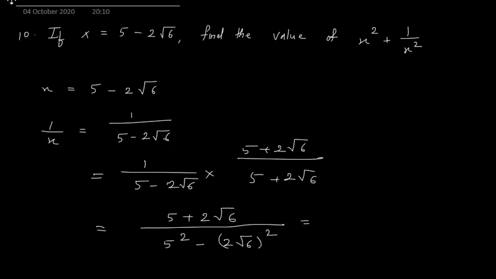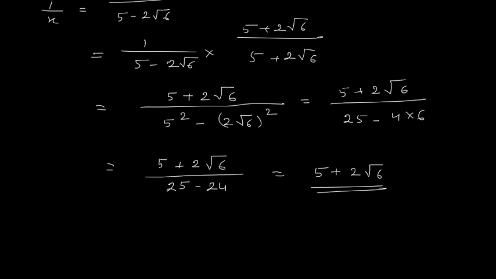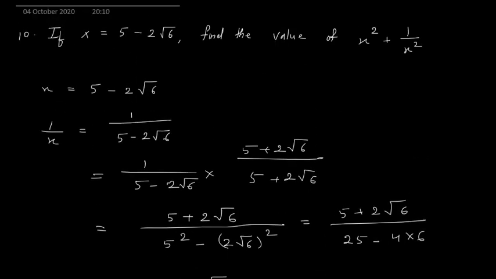So this will become 5 plus 2 root 6 whole divided by 25 minus, this is 2 into 2 is 4, so 4 into 6, which is 24. So 5 plus 2 root 6 whole divided by 25 minus 24 is equal to 5 plus 2 root 6. Now this is the value of 1 upon x I got. So x and 1 upon x.